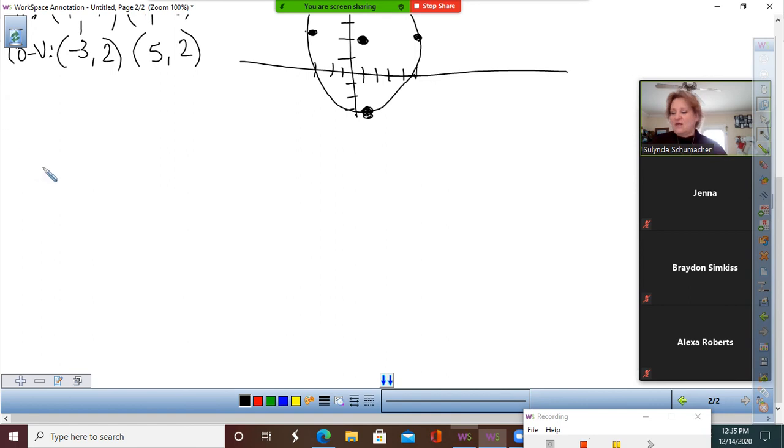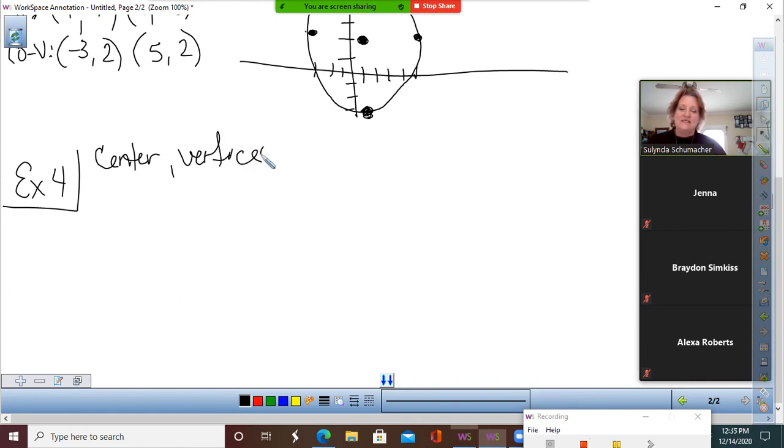All right, let's try another one. Example number 4. All right, I want the center, the vertices, the co-vertices, and the graph.